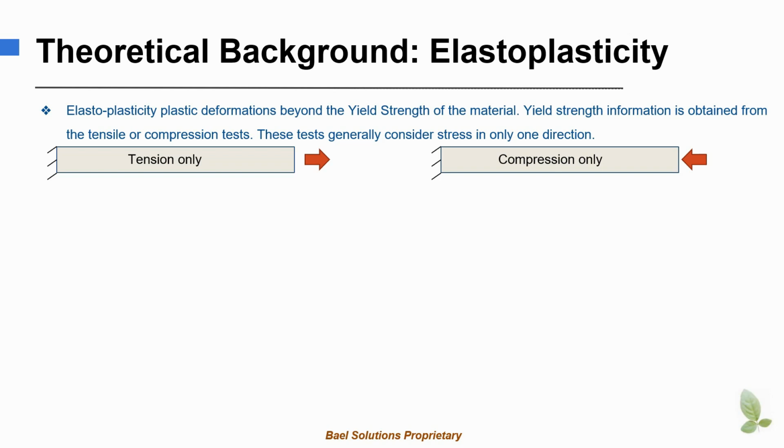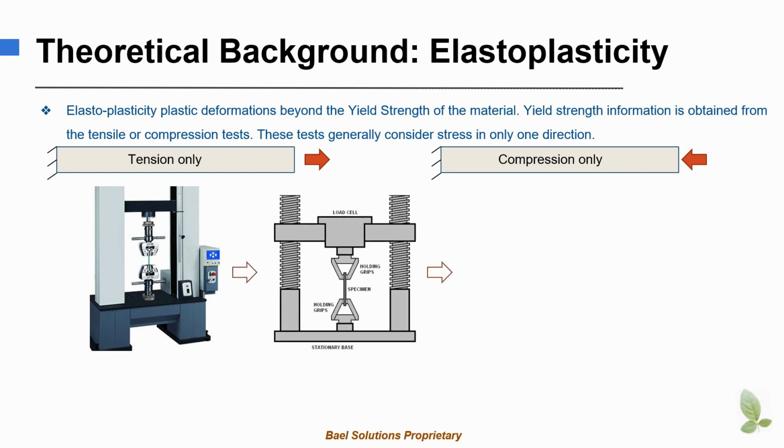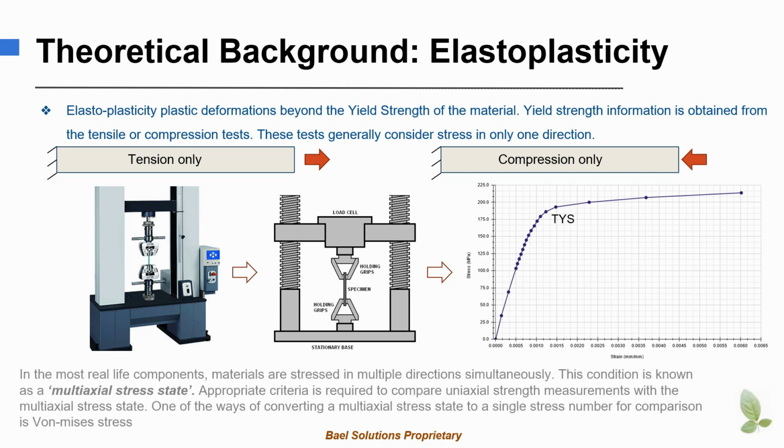An example of a tensile test machine is shown in the picture below. The stress-strain curve generated for a steel sample is also shown in the graph. However, in most real-life engineering structures, the loading is far more complex than the unidirectional loading.